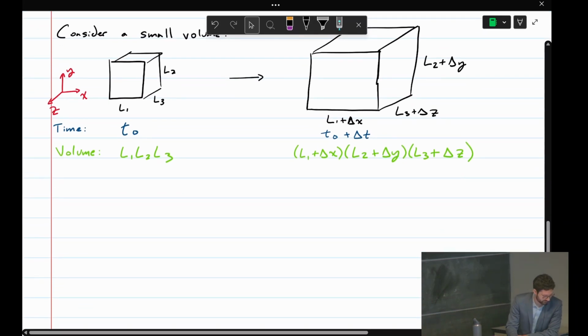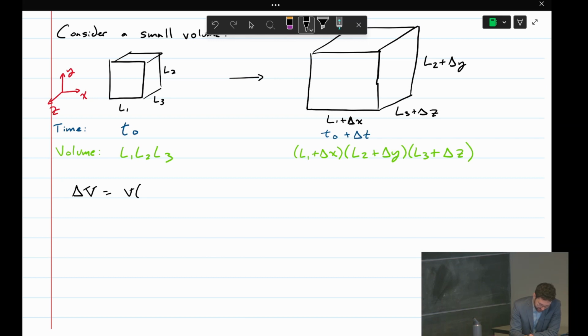So the change in volume of this box, we'll call that delta V. That's V at t0 plus delta t minus the original volume.